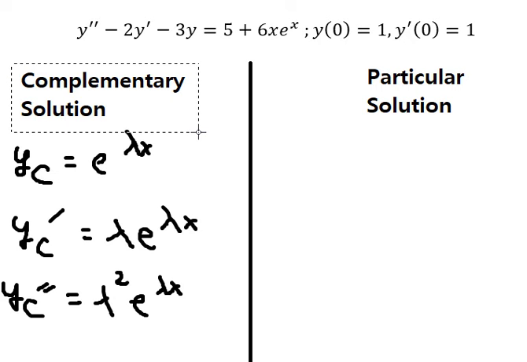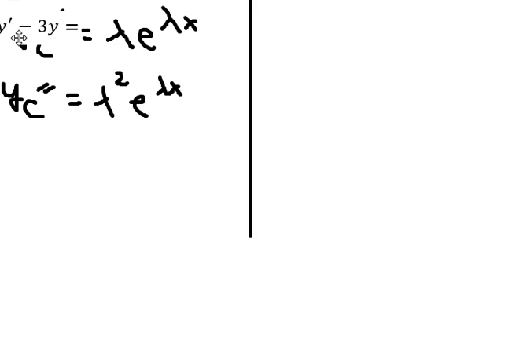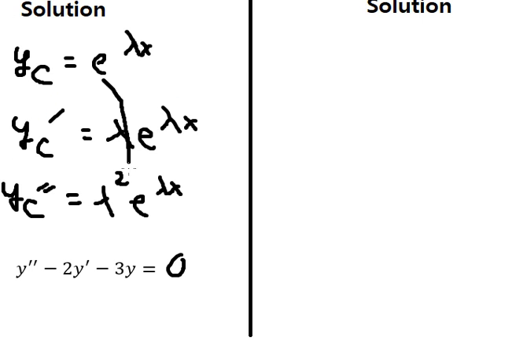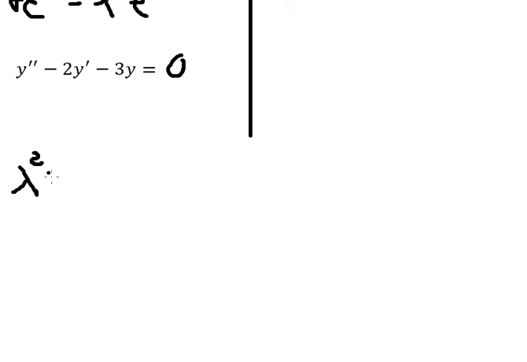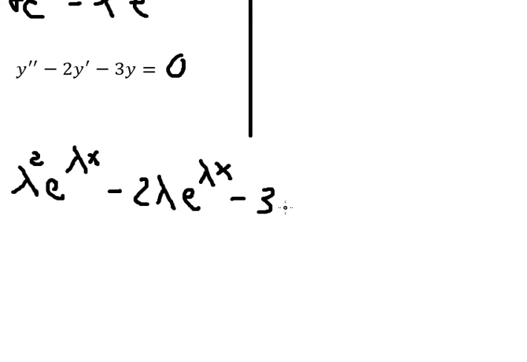Because this is about the complementary solution, I will put this equal to 0. So we have lambda squared e to the power of lambda s minus 2 lambda e to the power of lambda s, and the next one minus 3 e to the power of lambda s.